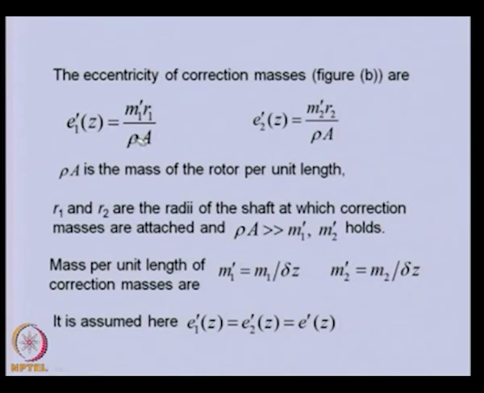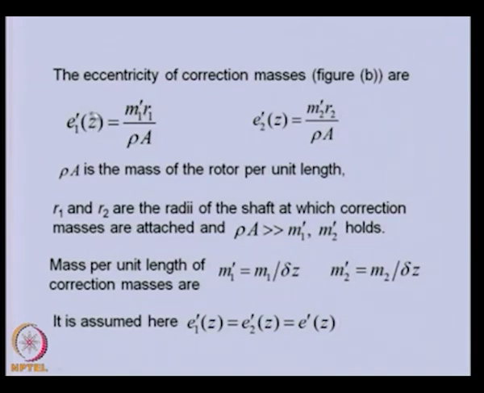So corresponding to the shaft eccentricity, the mass of the shaft times this eccentricity times omega square will be the equivalent force which the shaft eccentricity will exert. So we can calculate the shaft eccentricity equivalent to the correction mass like this.